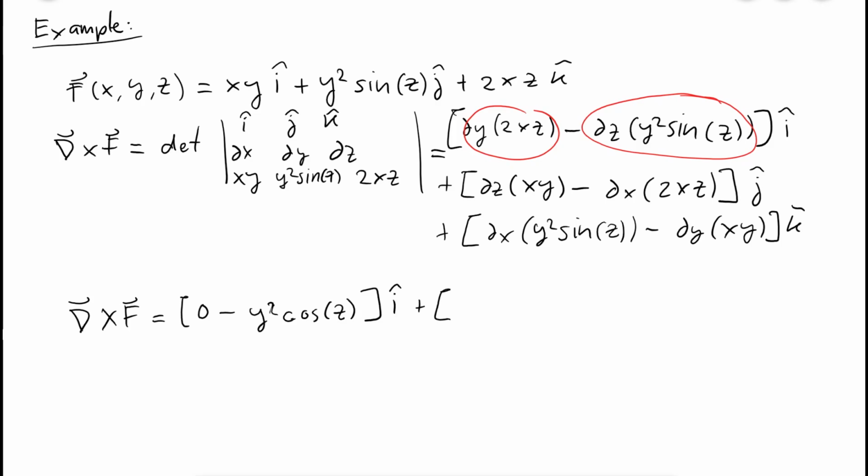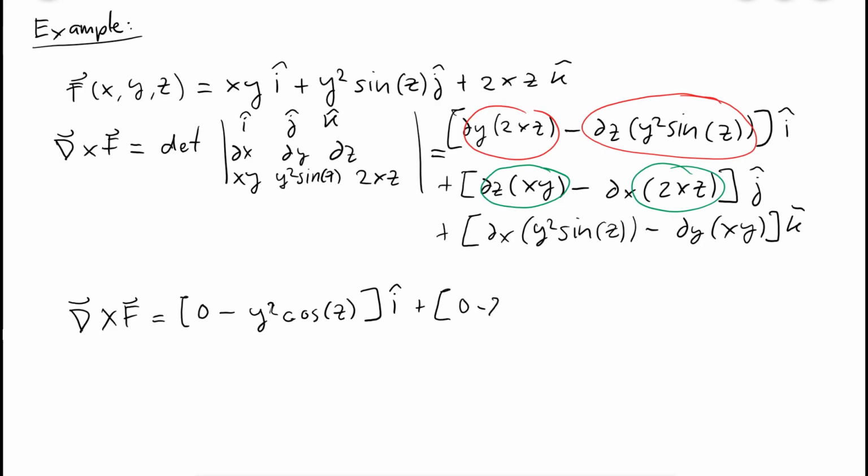Now we go to the j direction. You take the partial derivative with respect to z of this component, and this is of course 0 since there is no z. Then you take the partial derivative with respect to x of this function. There's an x there, so there's a non-zero derivative, and this will give you 2z, because we're taking the derivative with respect to x, not with respect to z.